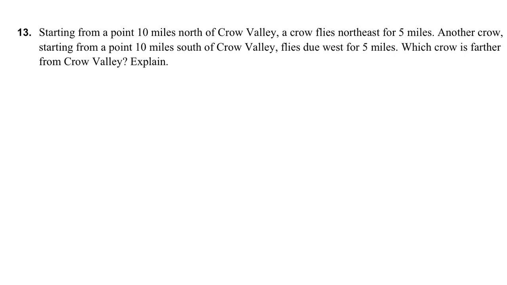I'm going to draw a little picture here. I'm going to have a point here. This is Crow Valley. And in blue, I'm going to read this and draw it in blue. Starting from a point 10 miles north of Crow Valley, so that means 10 miles north means up. So I'm going to go up 10. A crow flies northeast.